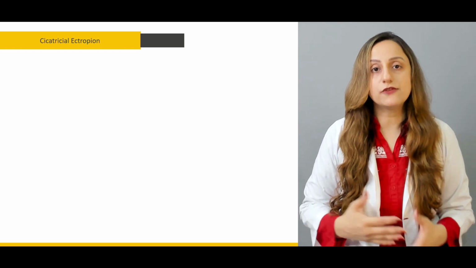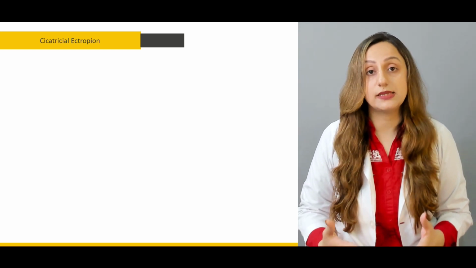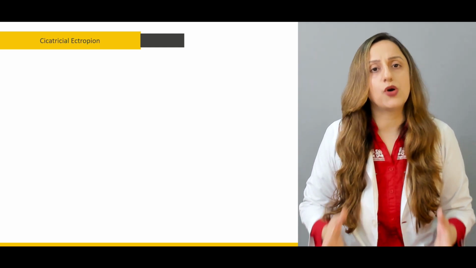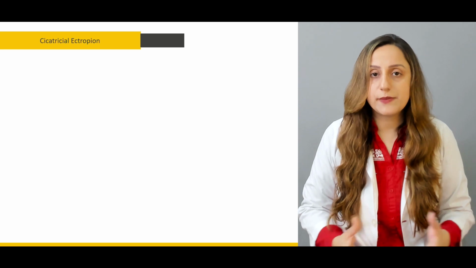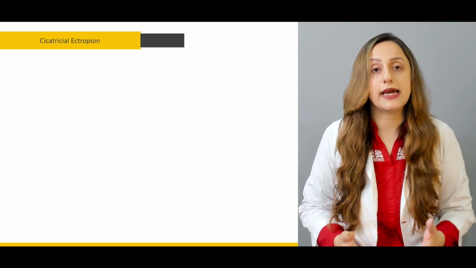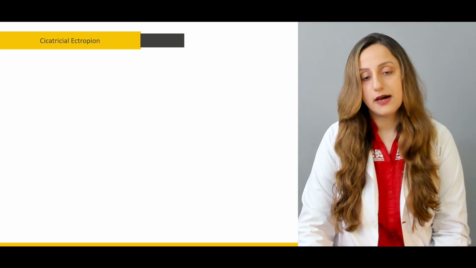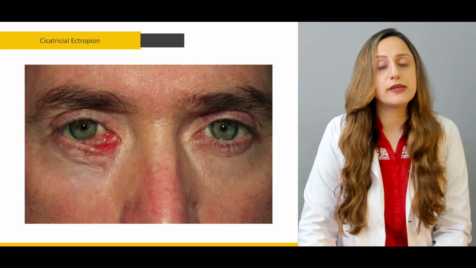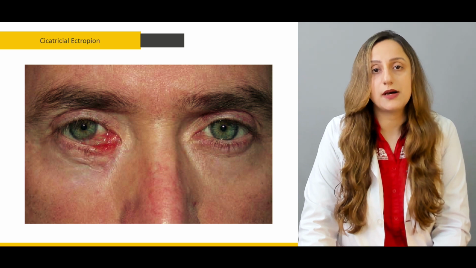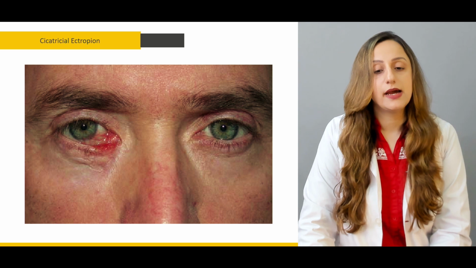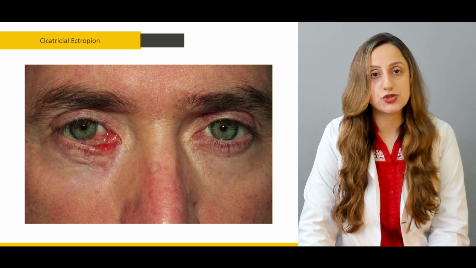So this chronic inflammation that is going to result in the ectropion in this particular condition can be due to multiple causes. These inflammations can be autoimmune, it can be due to infectious causes that are taking place. And even after surgeries, people usually come across this kind of cicatricial ectropion.